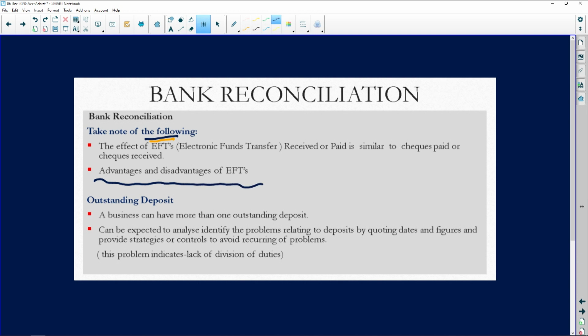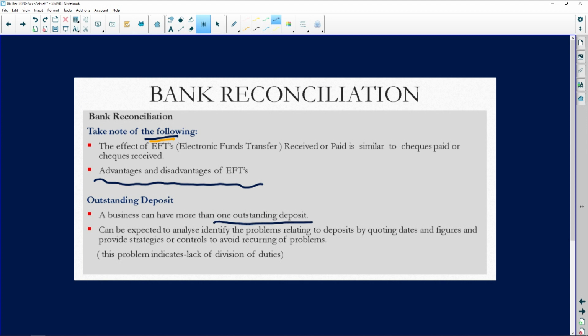And obviously, there are advantages and disadvantages of EFTs, and you should know these. I think I've got a question about the advantages, but we'll talk about that just now. Now, very often, you find that a business can have more than one outstanding deposit.